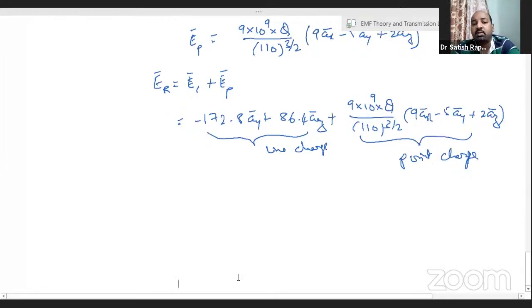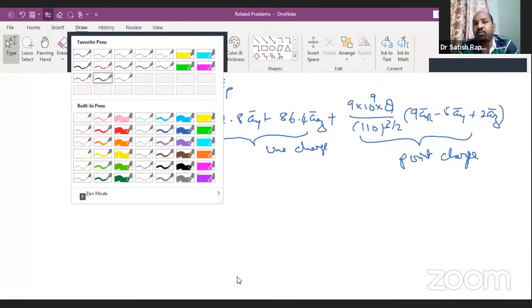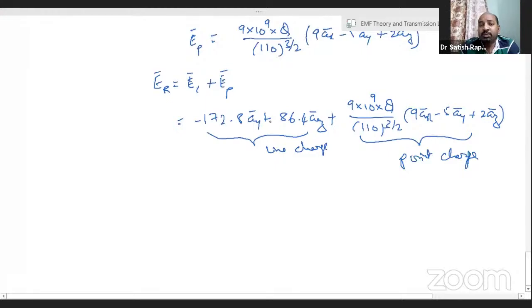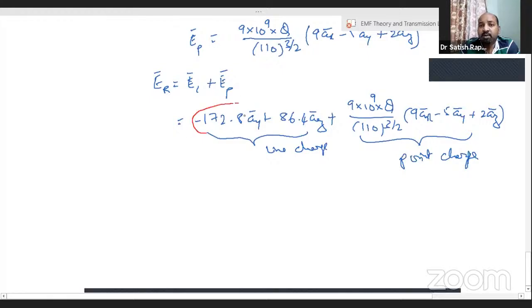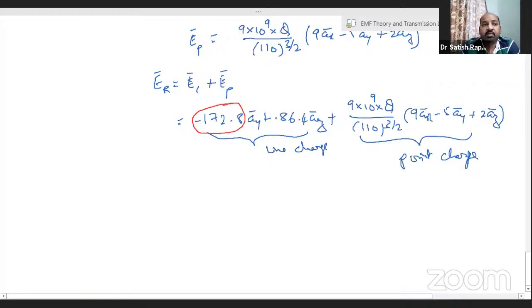Just a minute. Right. So the Y component is to be equal to 0. So here in line charge, what is the Y component? This is the Y component.